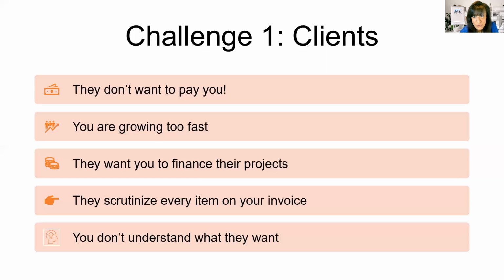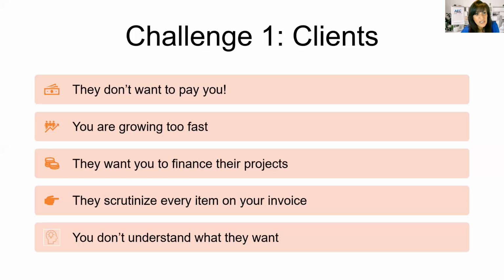Again, your clients want you to finance the projects. They scrutinize every item on your invoice. So if your invoices are not pristine, they're going to slow down payment. And you don't understand what they want. And I'm going to go into some examples of that in a few minutes.